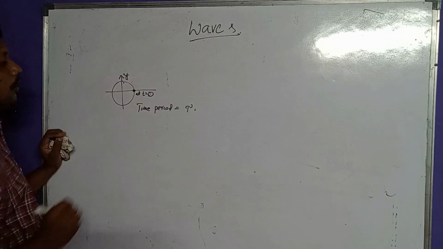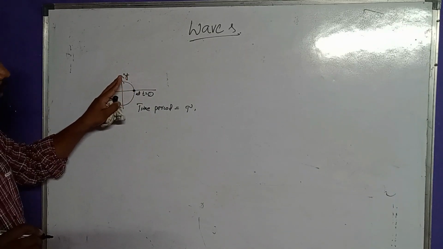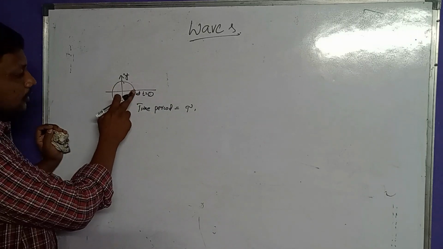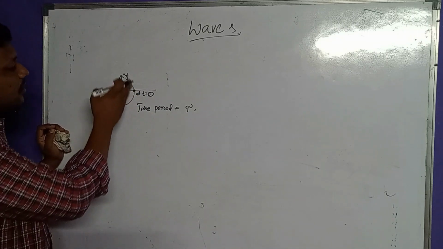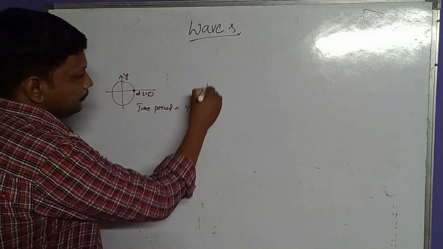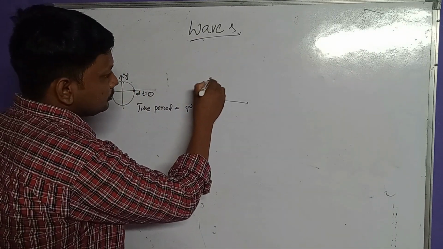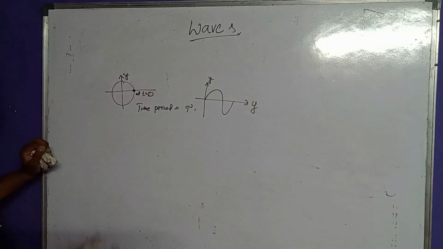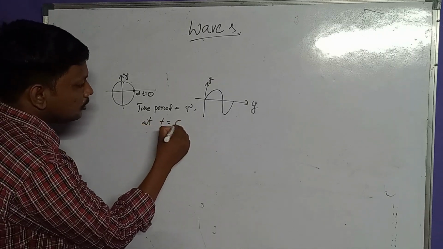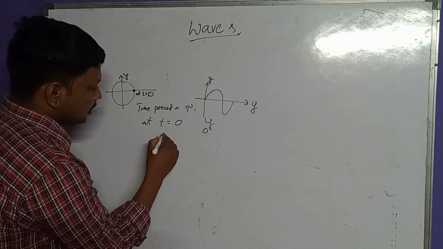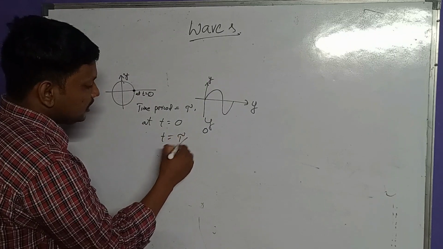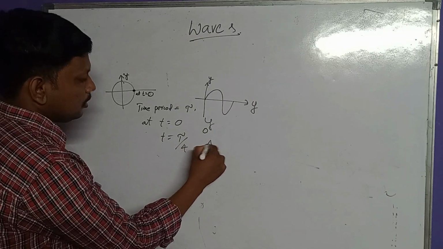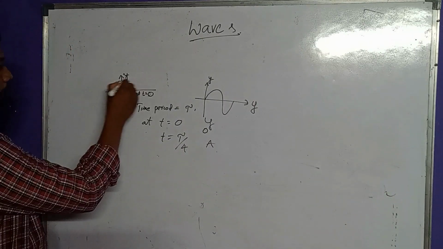If we draw the graph between amplitude, that means the projection of this particle's displacement on the y-axis, with respect to time, we get a sine wave, right? At t equal to 0, y is equal to 0. At t equal to tau by 4, y is equal to a, maximum amplitude.